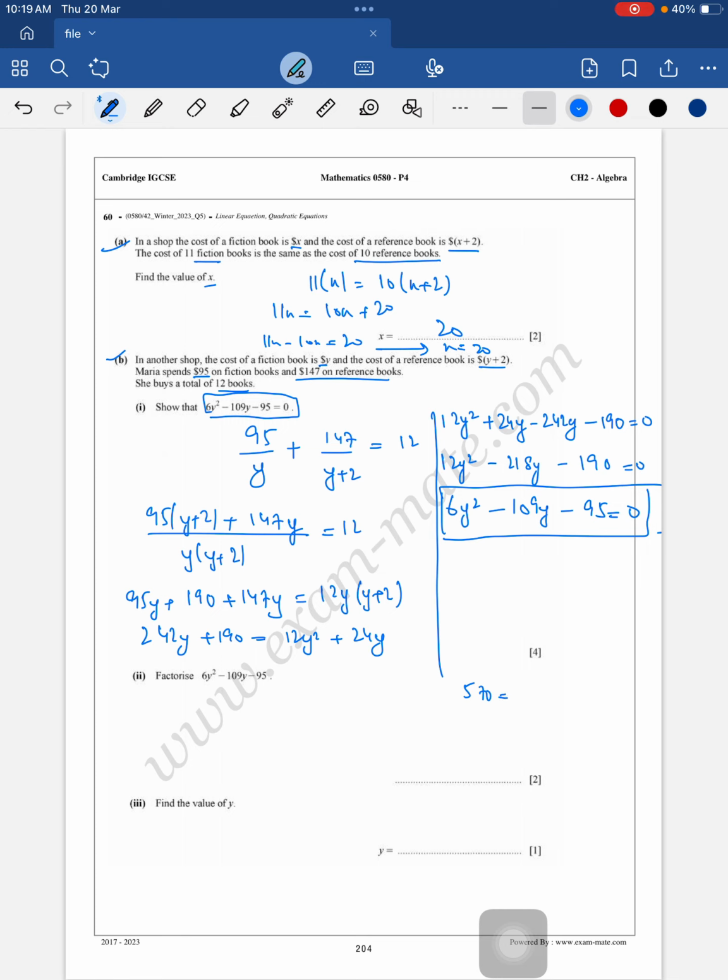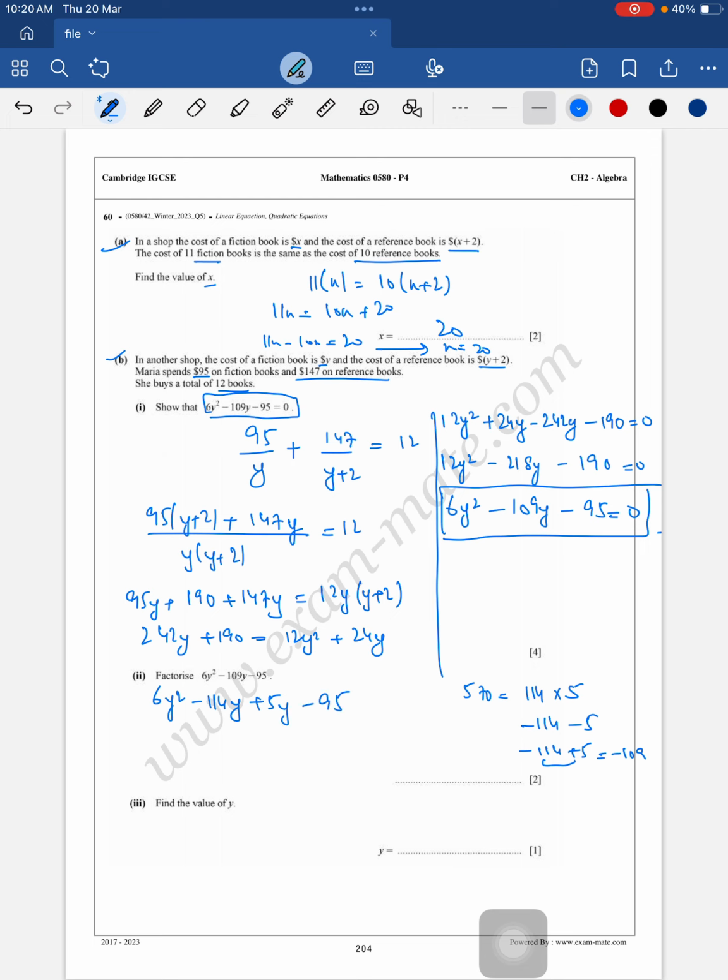Oh, okay. So it is making a combination by dividing by 5. I am getting two factors, 114 and 5. 114 into 5 is 570. And if I add them, 114 plus 5 is 119, no, the difference is 109. So that is the combination which I will get for 109. So these are the two factors: 6y square minus 114y plus 5y minus 95.